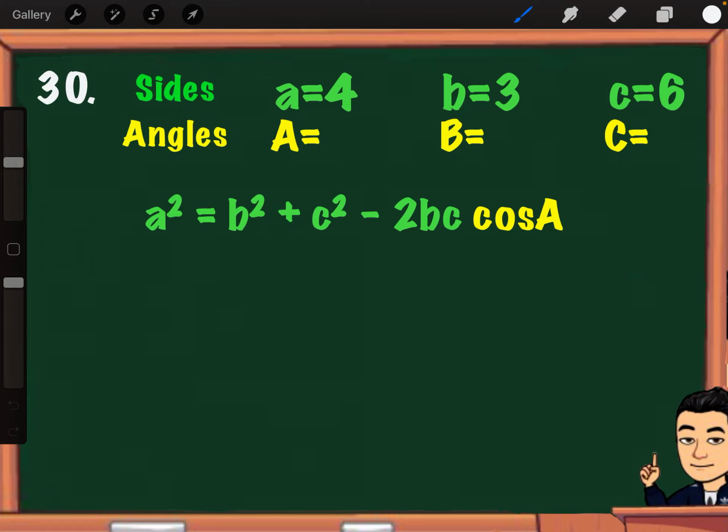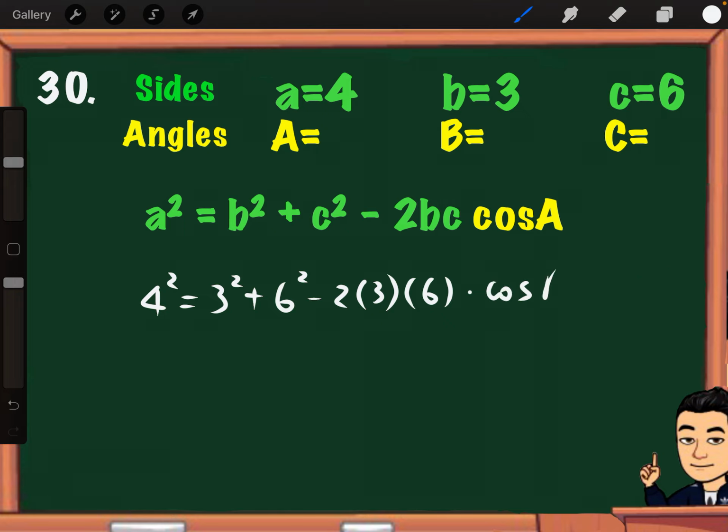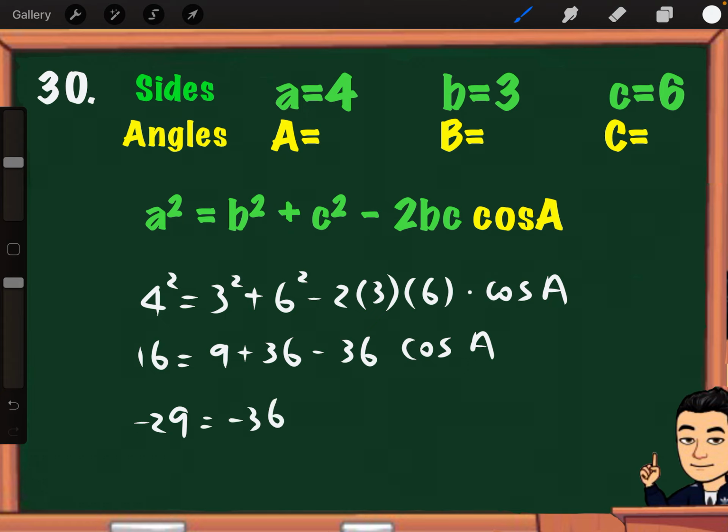So you're going to put the side a squared, so that's 4 squared equals 3 squared plus 6 squared minus 2 times 3 times 6, and then multiply by the cosine angle A. So you got 16 equals 9 plus 36 minus 36 cosine angle A.